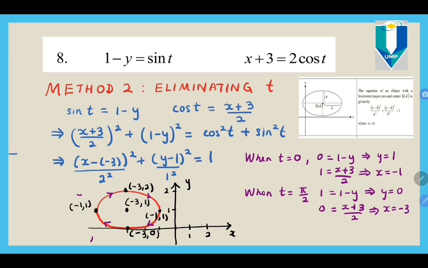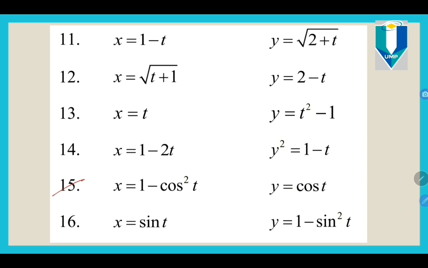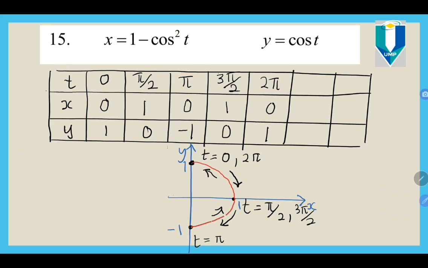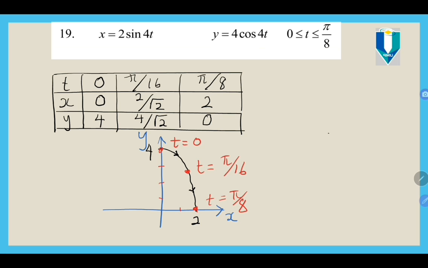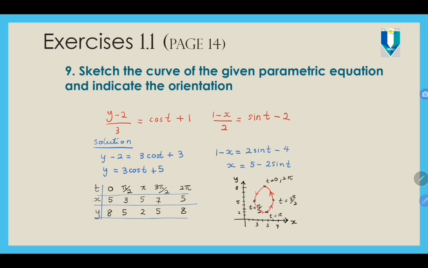I'll explain to you in class. And for number 15, we have this curve here, and I will show you in class how to get this curve and how to get the arrow. Number 19, I'll show you in class also.